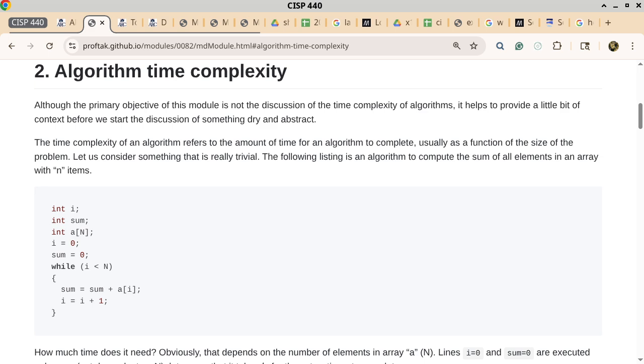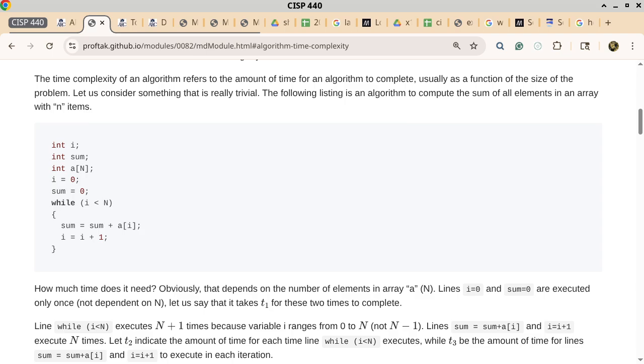So we'll start with a simple example of this particular algorithm. It is kind of existing outside of a C function because I just want to illustrate the algorithm itself. So when you look at this algorithm, how much time does it take to complete? That's the question.